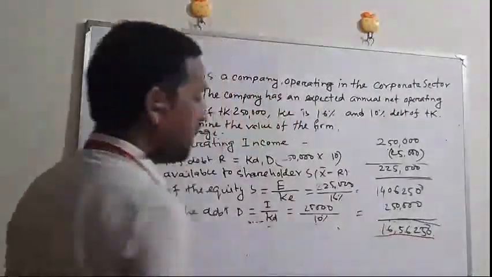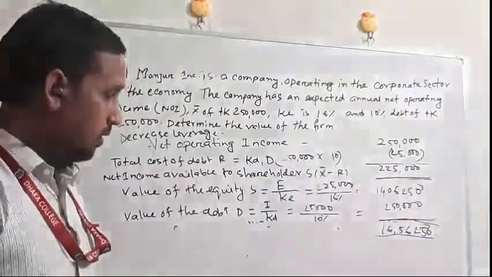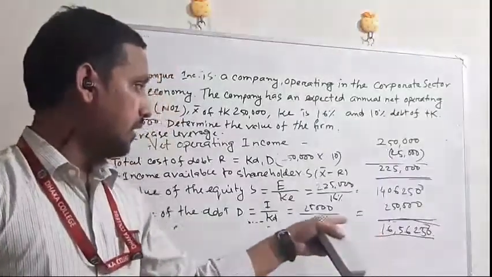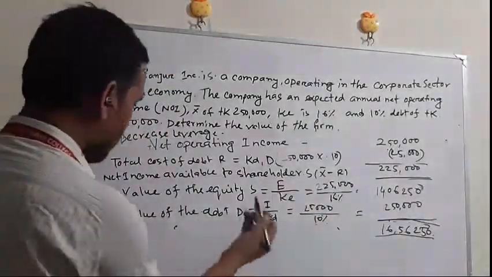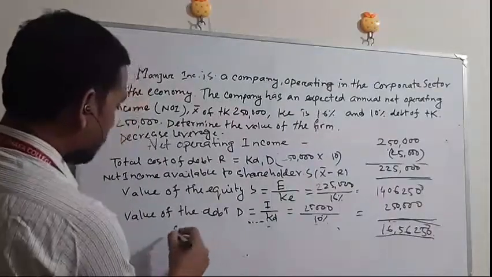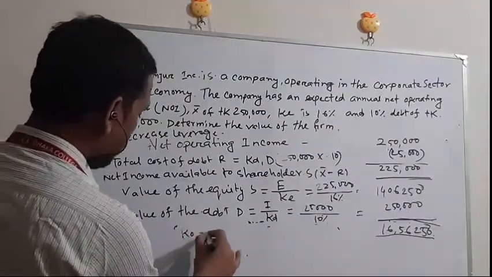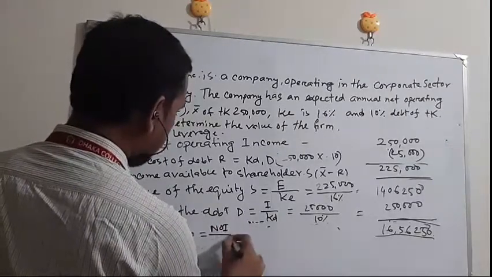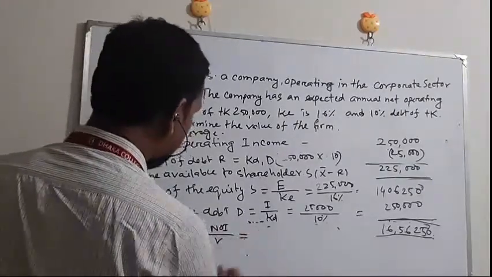Okay, please, dear students, what is seen here? Then we should bring out the overall cost of capital, KO equal NOI, net operating income divided by V, value of the firm.